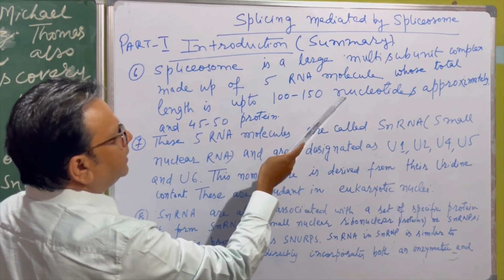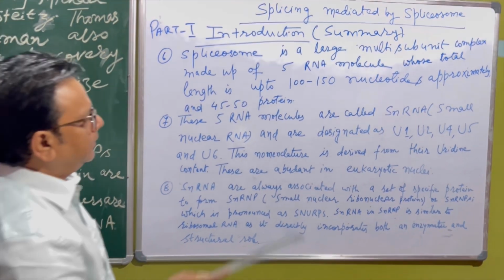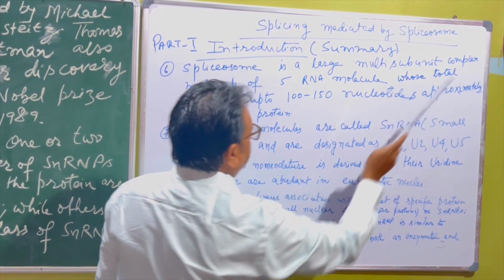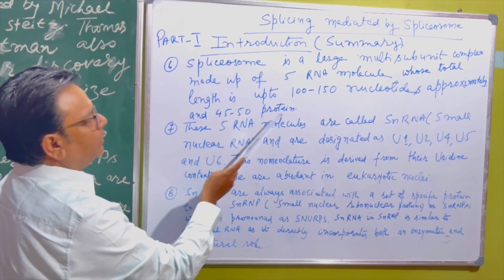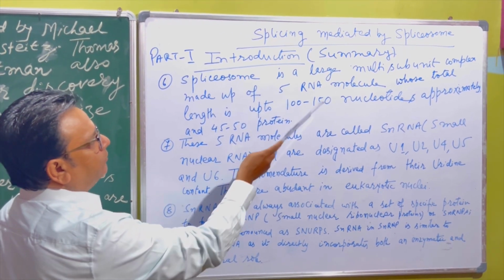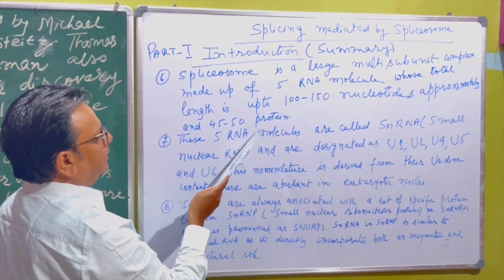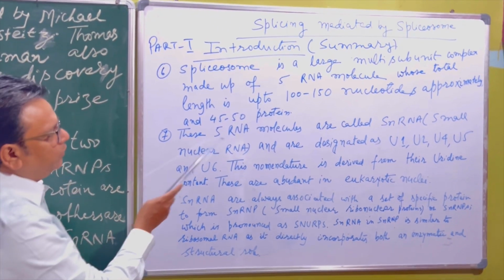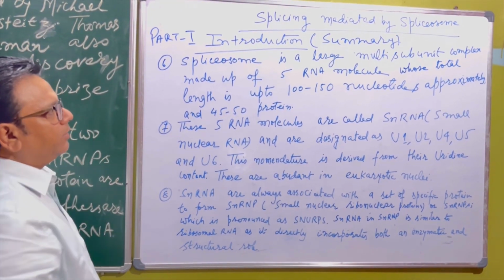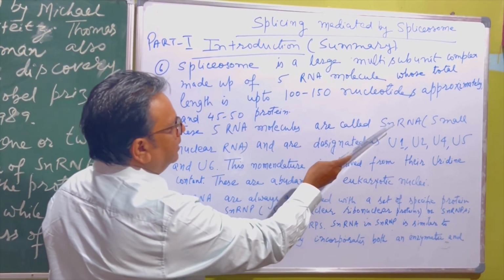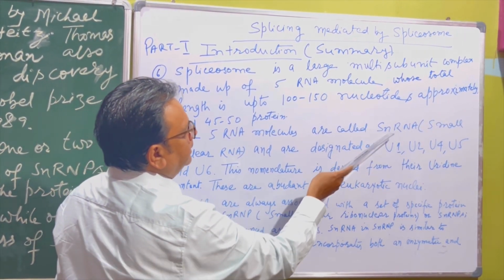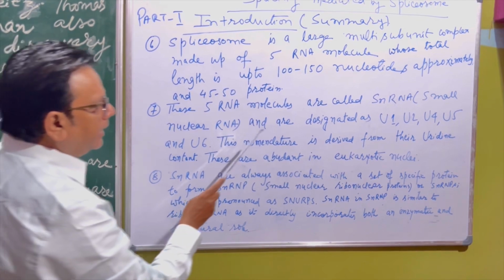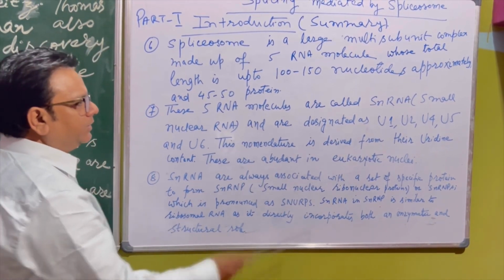Well, this number may vary in different books, so we are also putting the word approximately, and 45 to 50 proteins. So you have RNA and protein, but only 5 RNA, small, and these 5 RNA molecules have been named small nuclear RNA, that is snRNA.